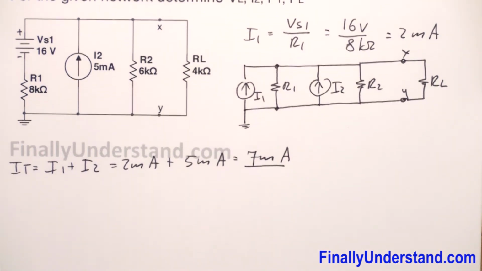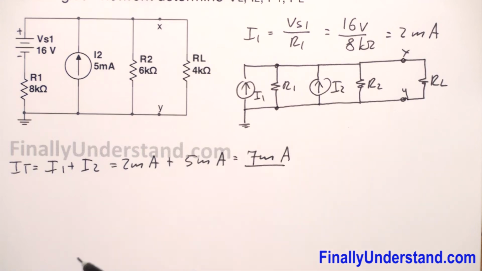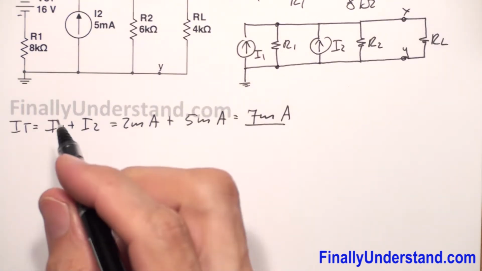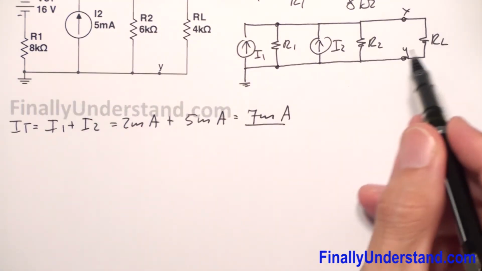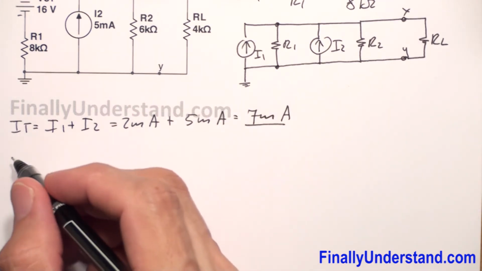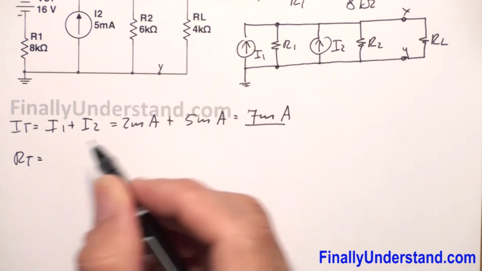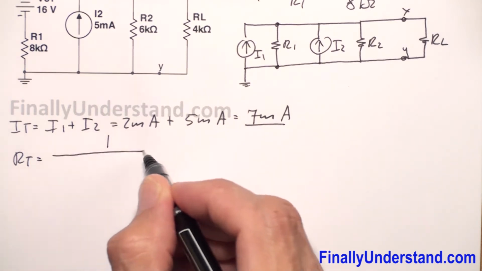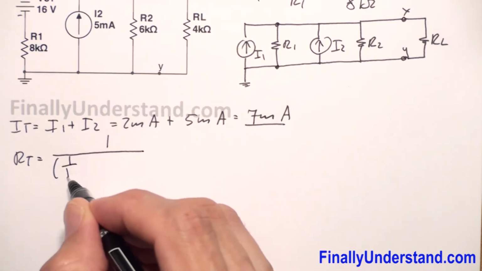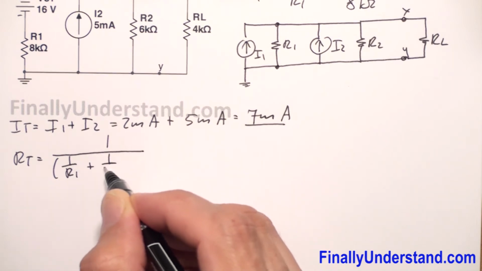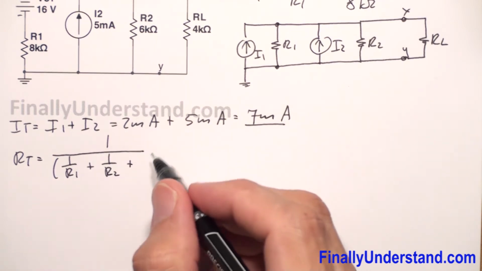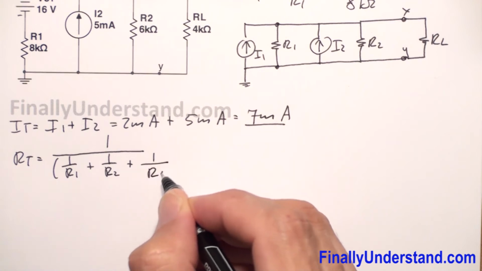Next we're supposed to find the total resistance in the circuit. I'm going to also include my RL. So R total is equal to 1 divided by 1 over R1 plus 1 over R2 plus 1 over RL.